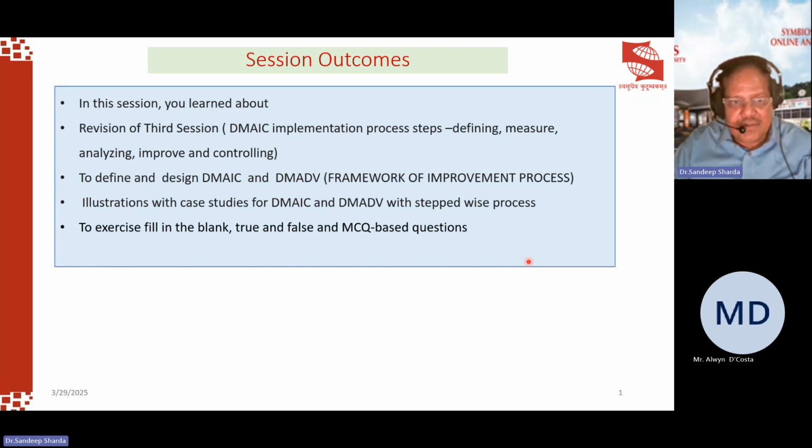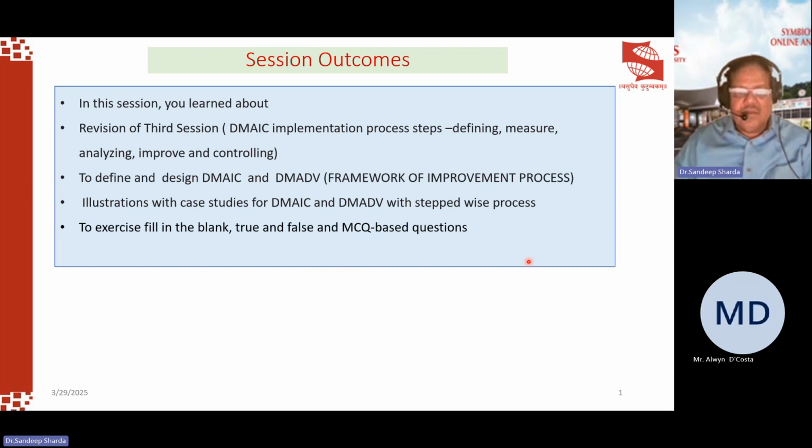DMAIC is basically define, measure, analyze, improve, control, used for the existing system that is operational, where some improvement is required based on some reliability problem, innovative problem, process capacity problem, some customer improvement segment, supply chain problem, or distribution system problem. So DMAIC is going to be used there.